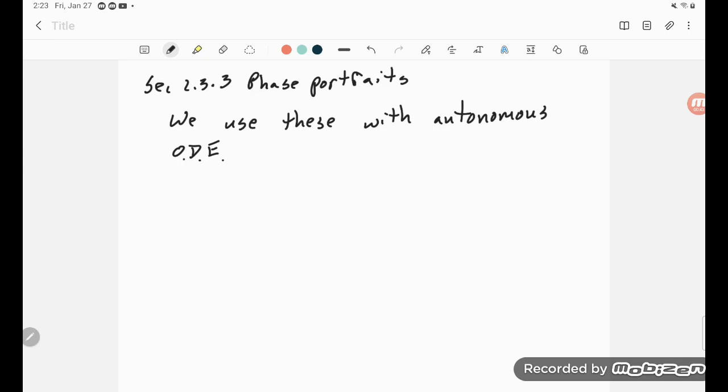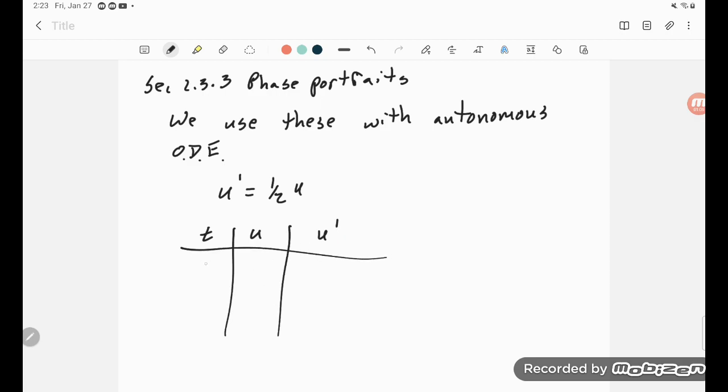And so the whole thing is, if I have an autonomous ODE, let's take u prime equals 1/2 u, then notice if I take some values of t, some values of u, and some values of u prime, and we'll just do a couple to get the point across, t equals 0, t equals 1, u equals 0, u equals 1, then we'll get a 0 here for u prime, and then a 1/2.